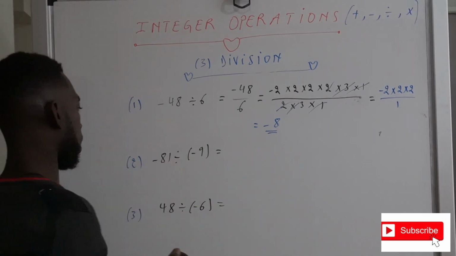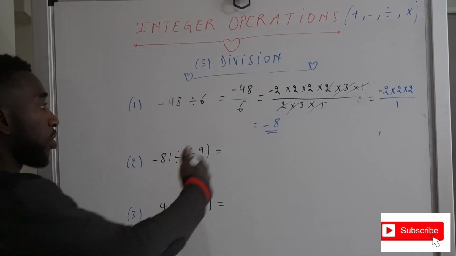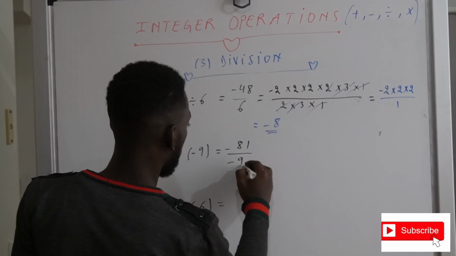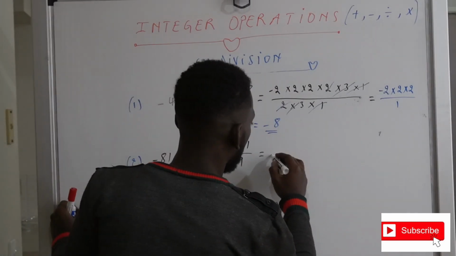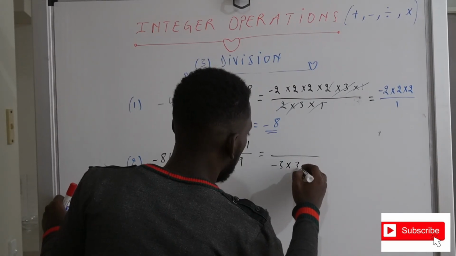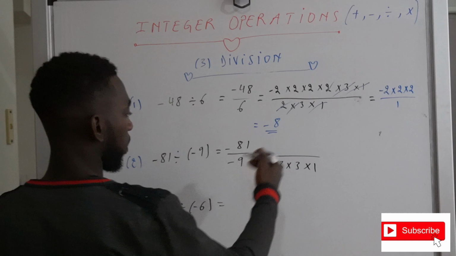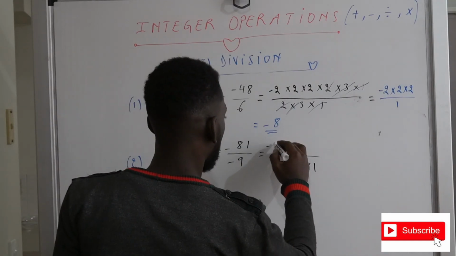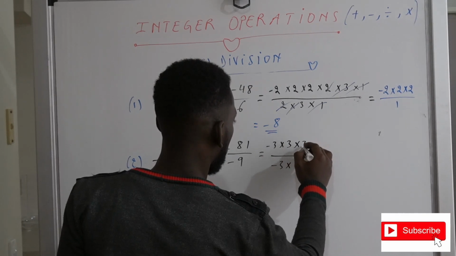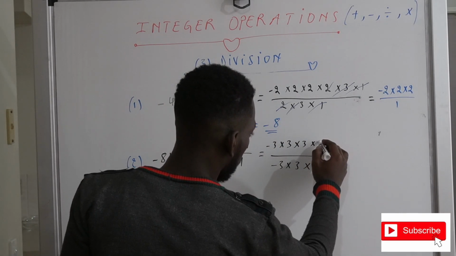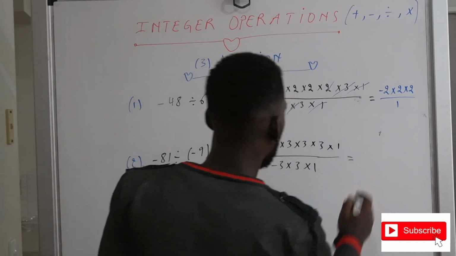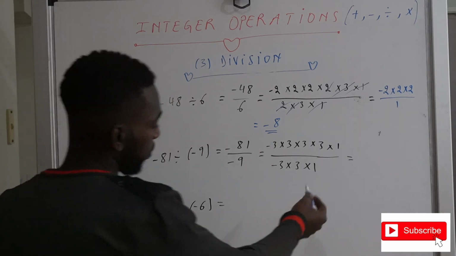And then the next one is negative 81 divided by negative 9. So I'm going to rewrite it as I did with the first one, negative 81 over negative 9. Now what I do is I'll break this down as negative 3 times 3 times 3 times 3 times 1, right? And then when you do that, you go to simplifying.